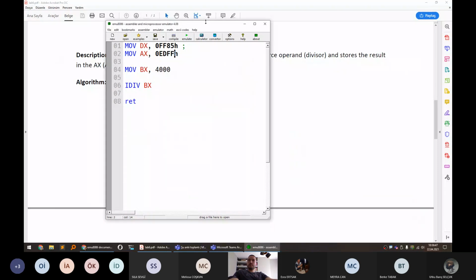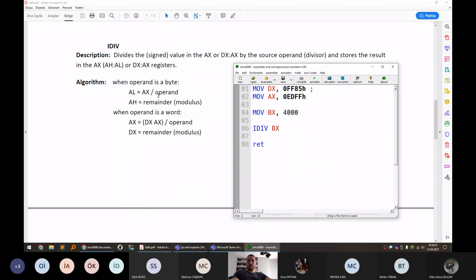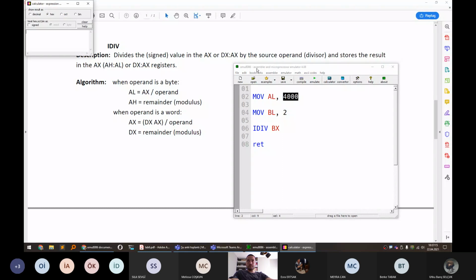We gave the example with a word operand. Let's give a byte operand. In the byte operand part, there is no DX. We are going to divide a number, for example, 4,000 into BL, AL. I don't know the hexadecimal version of 4,000.